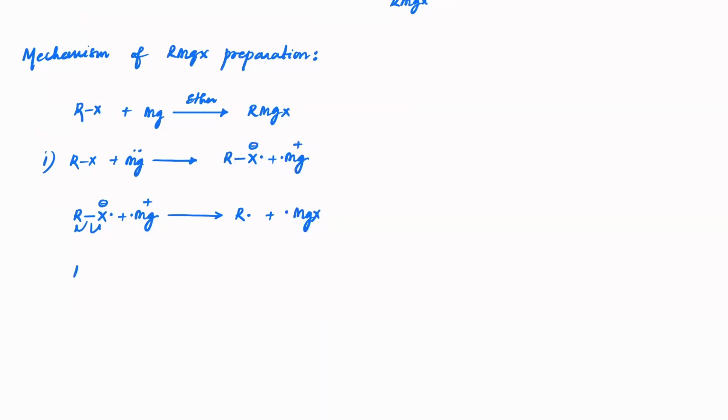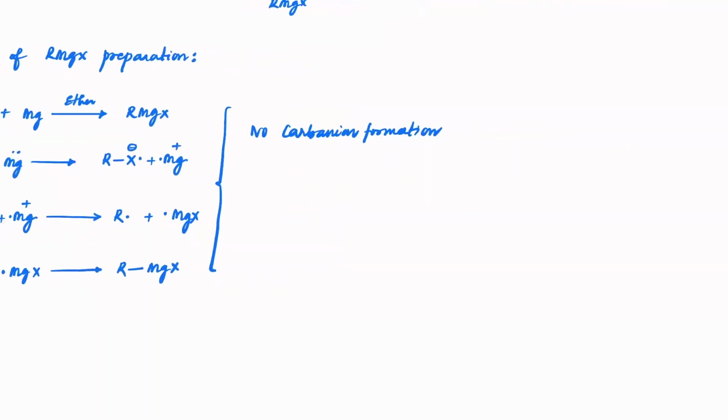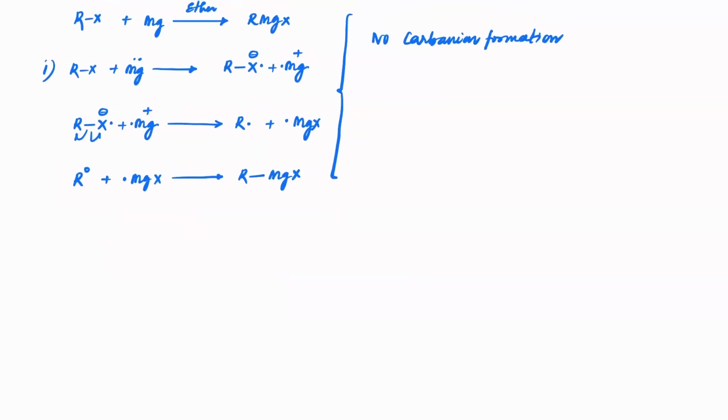This R dot and dot MgX will terminate with each other, and that's how it makes a bond as RMgX. So you can see no carbanion formation. That's the point you need to note from this mechanism. So it usually does not make any carbanion.